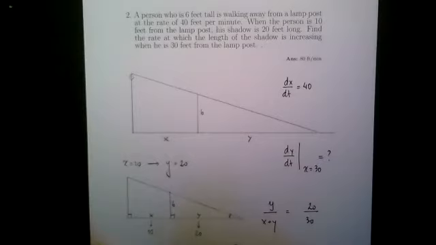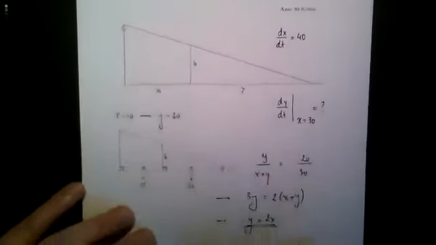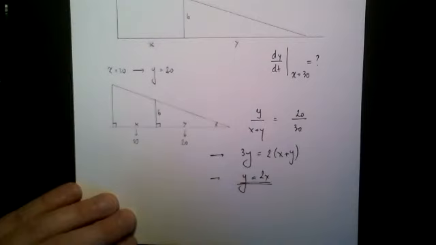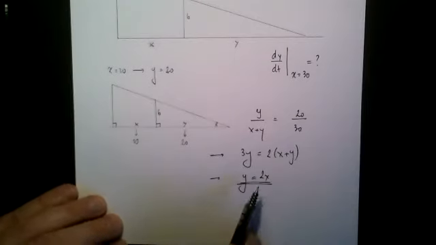Therefore 3y is equal to 2 times x plus y, and so y is always equal to 2x. Let me move up a bit, sorry. So y is equal to 2x. And I could now find the relation between the two derivatives.